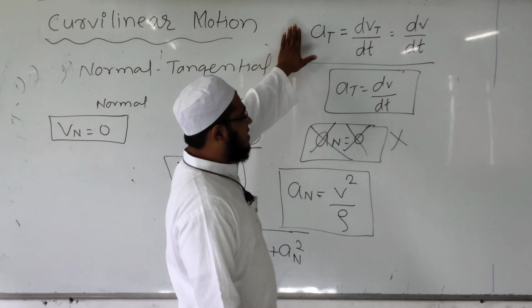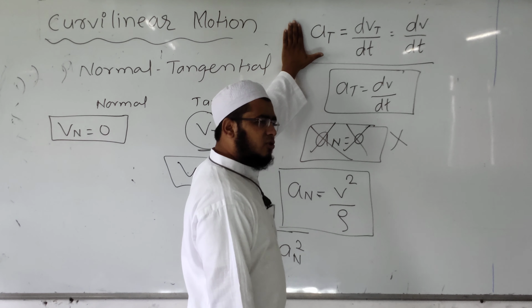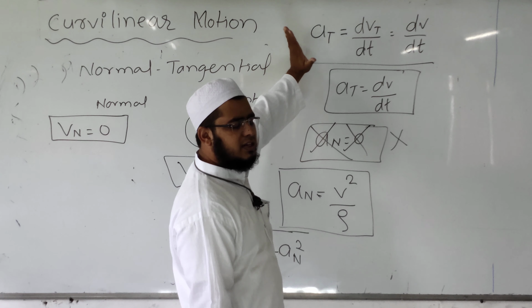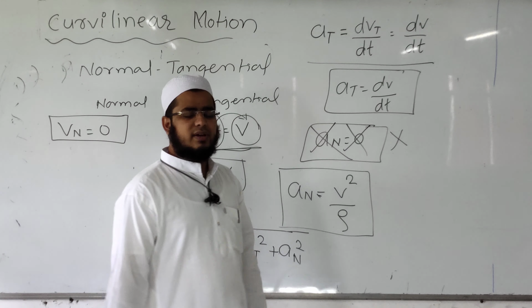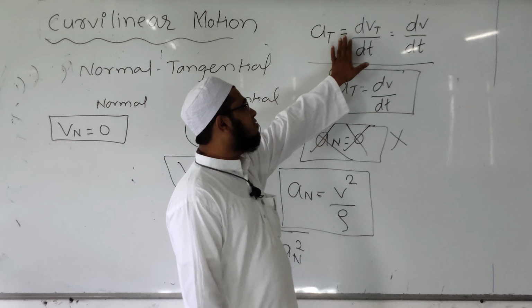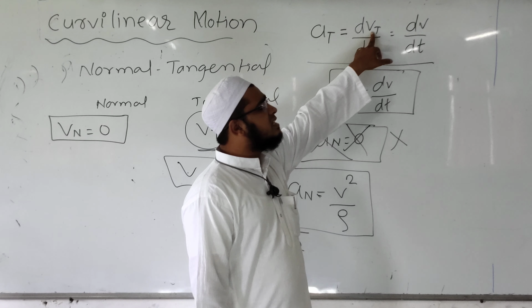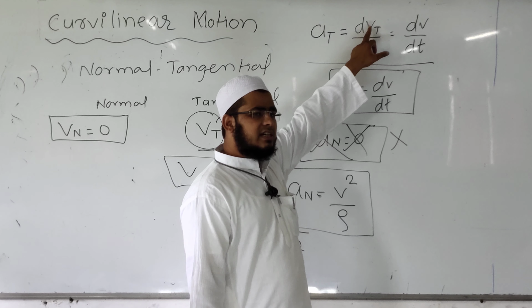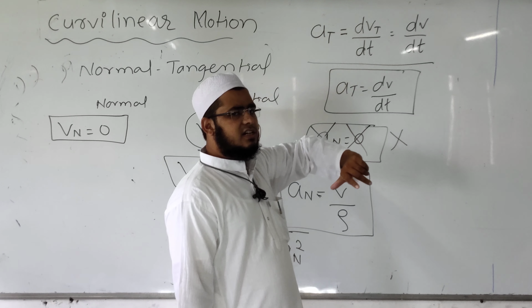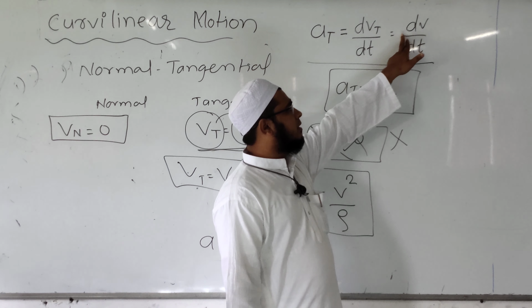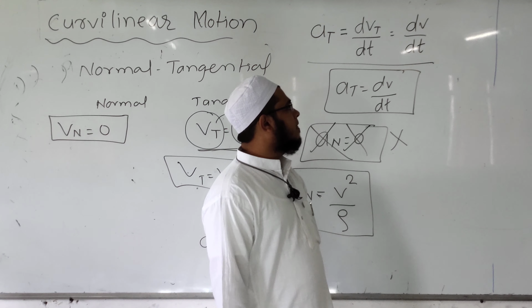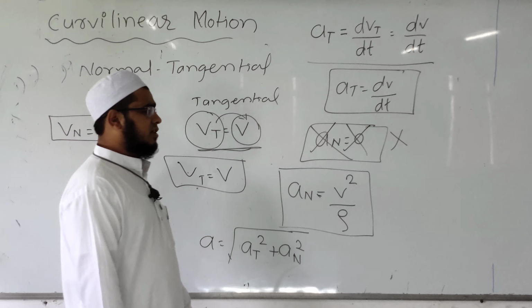Acceleration a has two components, that's why we have to split the acceleration also into normal and tangential. at equal to dvt by dt, but vt, the tangential velocity, is the velocity itself. That's why the formula becomes at equal to dv by dt.